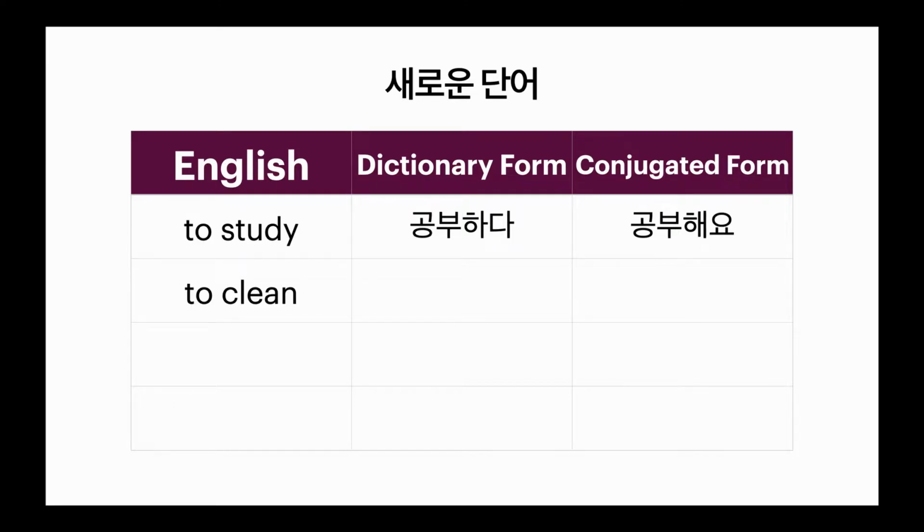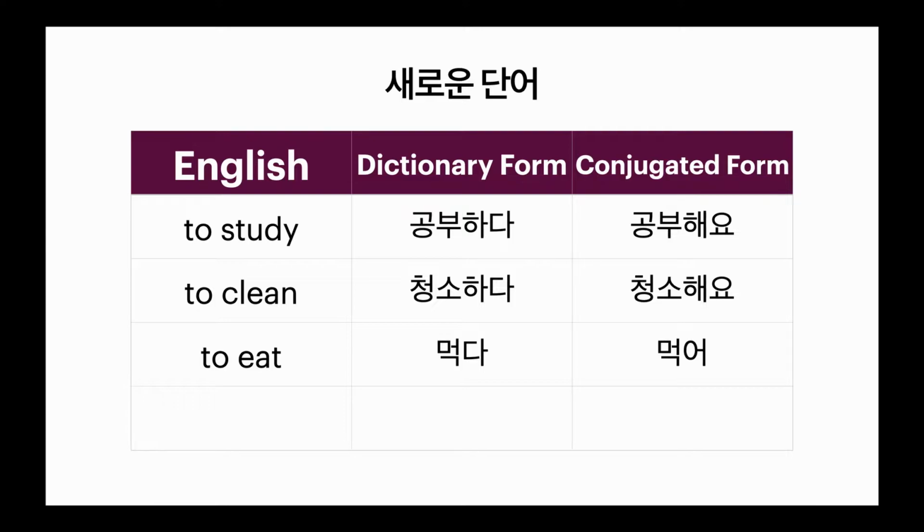Next we have to clean. To clean is 청소하다. And the conjugated form in present tense is 청소해. And polite form, 청소해요. Next we have to eat. To eat is 먹다. And conjugated, 먹어 in casual and 먹어요 in polite.